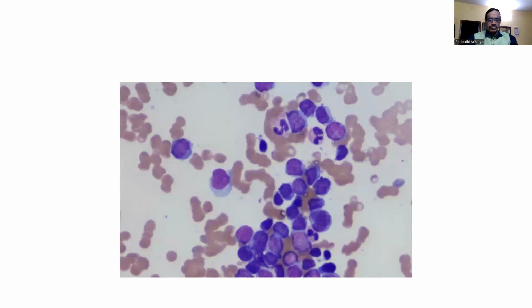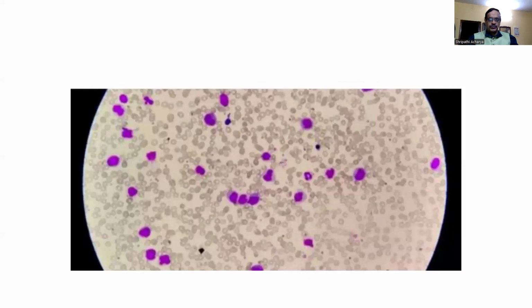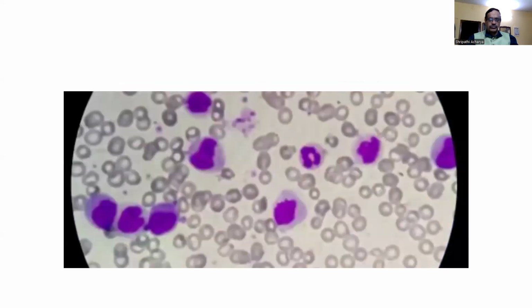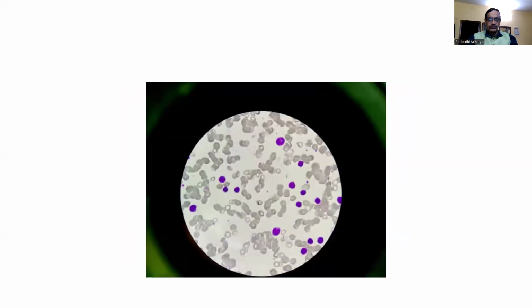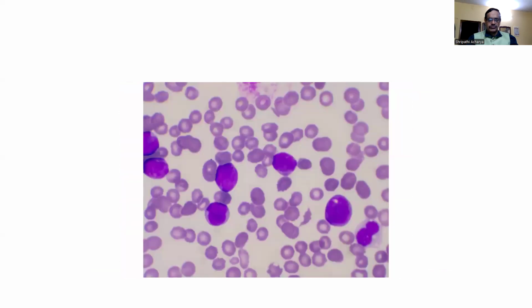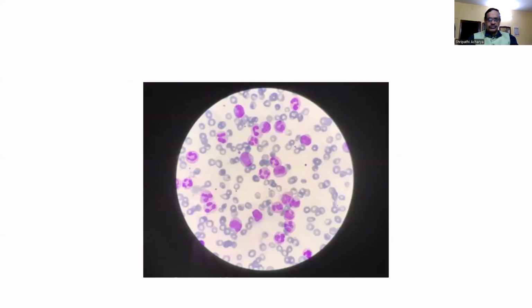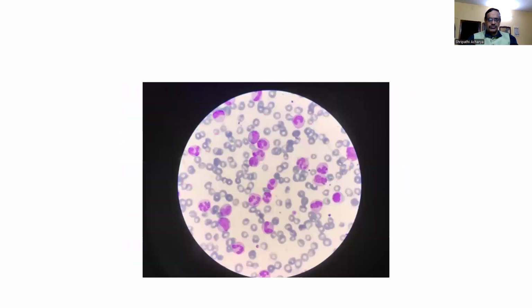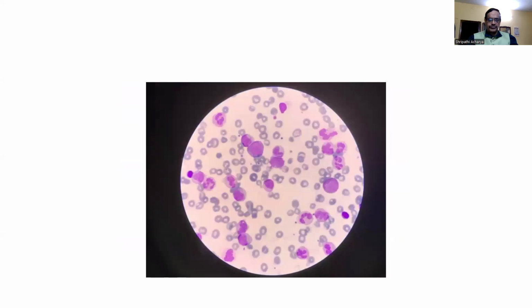The peripheral smear, histological studies. We compare the findings of bone marrow biopsy and peripheral smear.